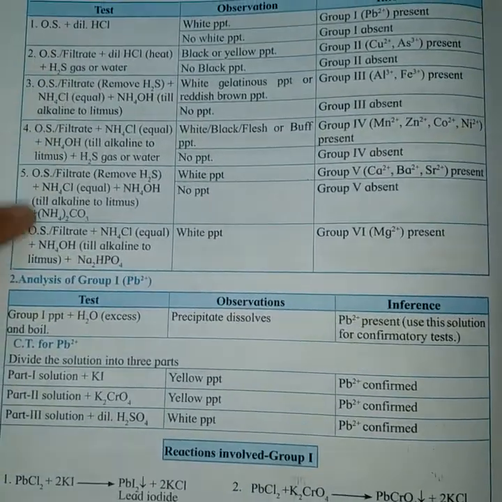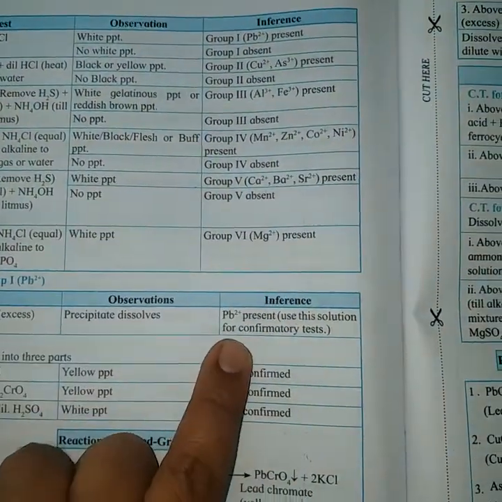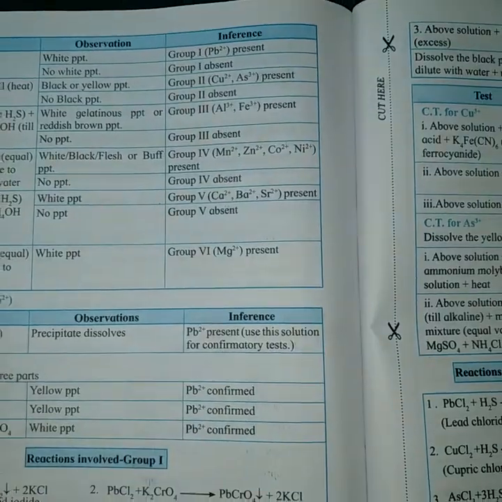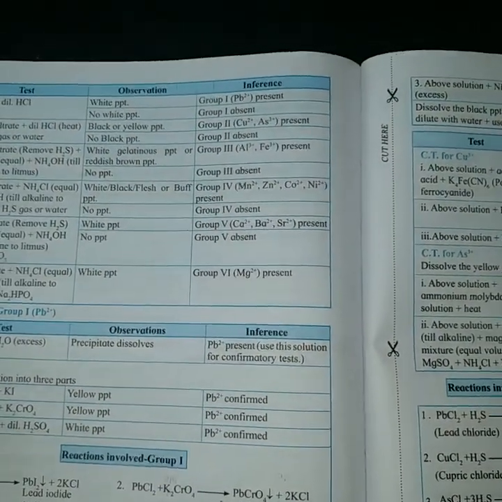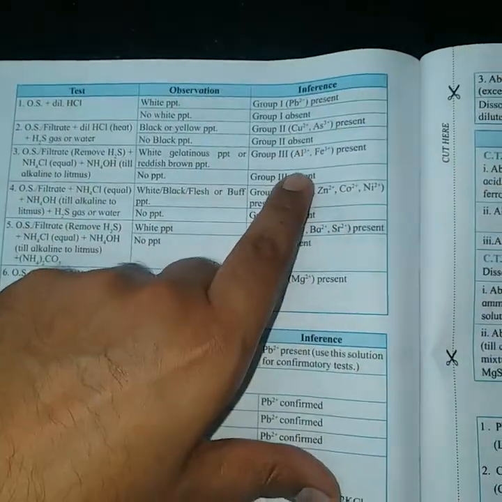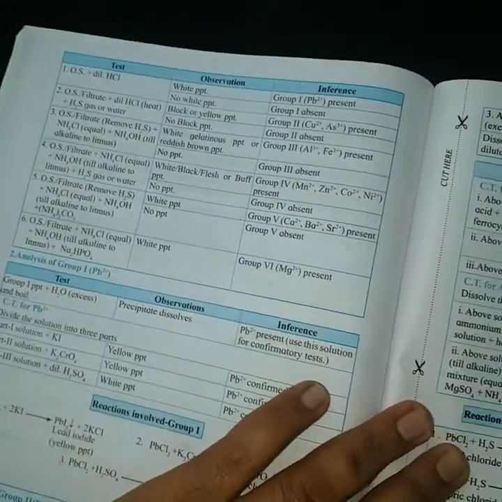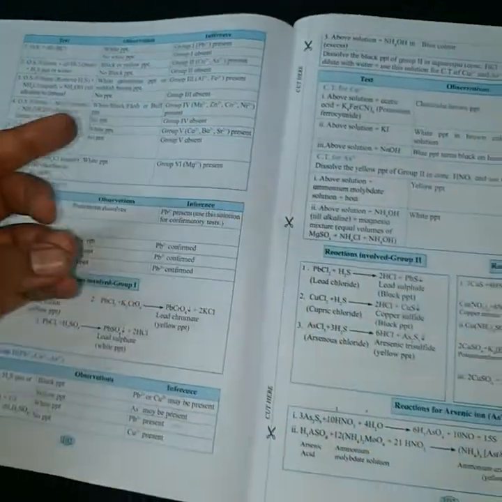Out of the 1 to 6 tests, you will get one group, and on that group you are going to perform further analysis. You will take a particular group, and the further tests will be done from that group only.